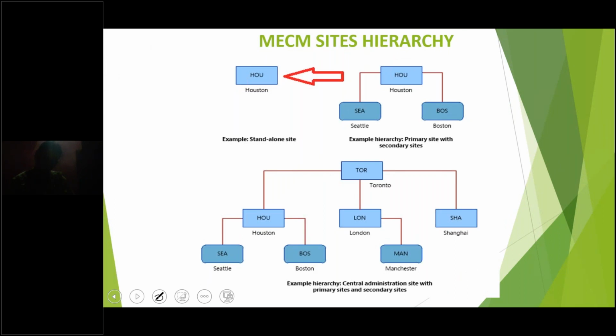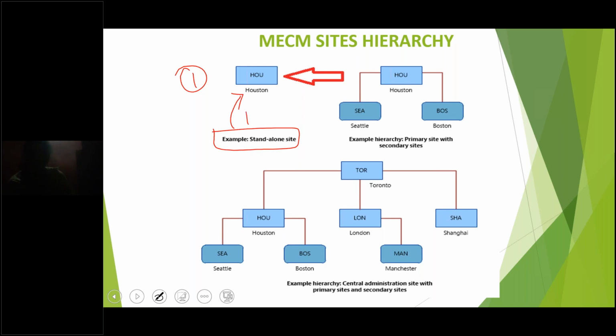Now understand the architecture of SCCM. SCCM architecture is designed in three different architectures. The first one is for a small size company, wherein you don't have any branch offices, only one location, and you have devices to manage. So we will install one primary site server, and that will manage all the computers in Houston.